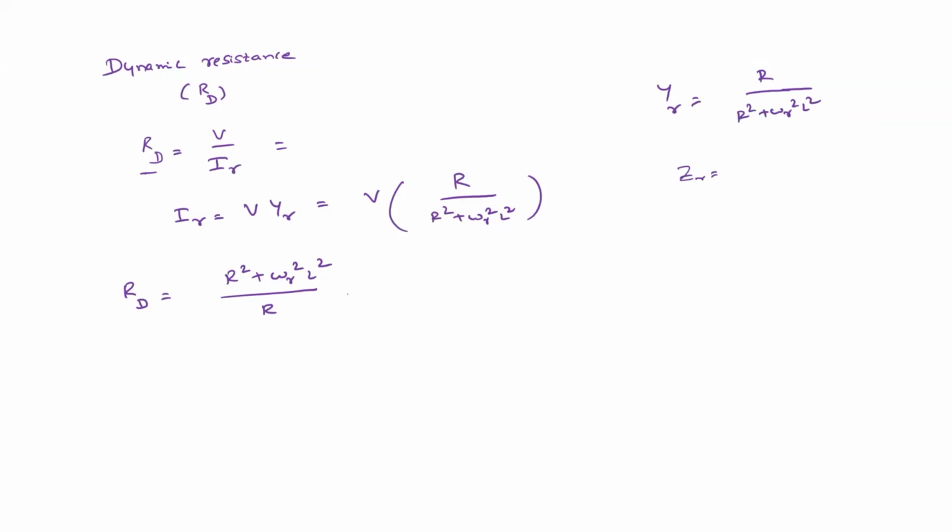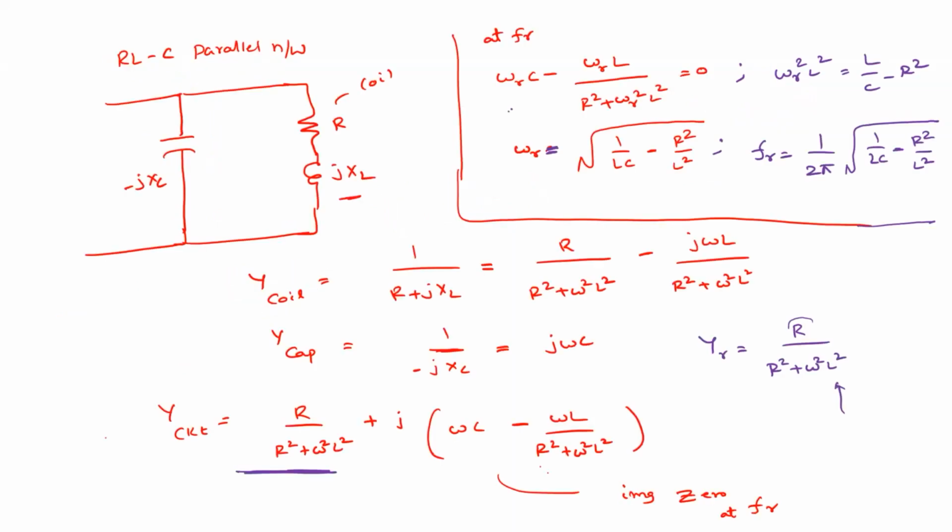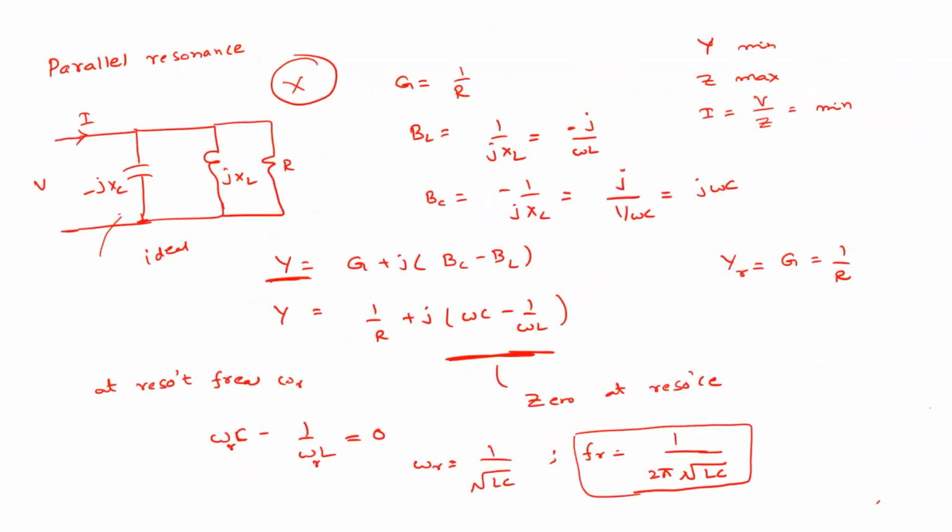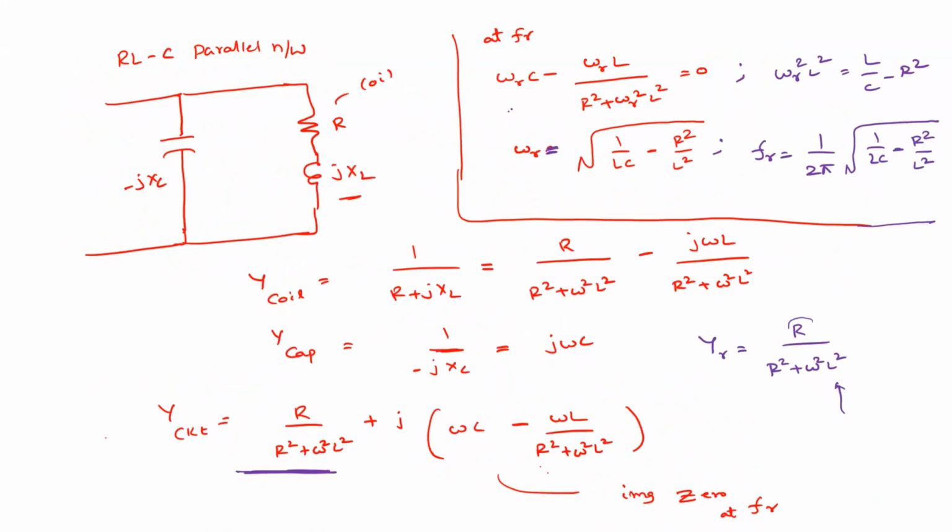Okay, so we can rearrange this one. Why is it called dynamic? In the case of a series RLC circuit, you can easily say that it is equal to the resistance of the circuit, right? Because every time the circuit configuration changes, this value will change. If you notice, in the case of series resonance, it only depends on the resistance, not on the capacitance value or the inductance value.